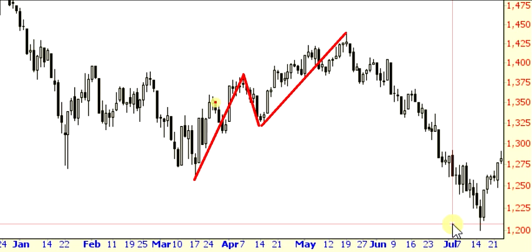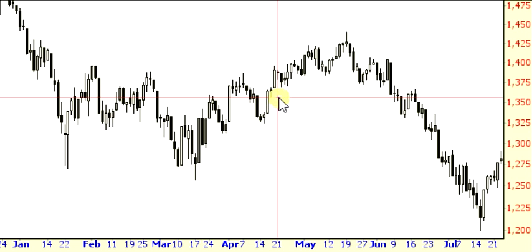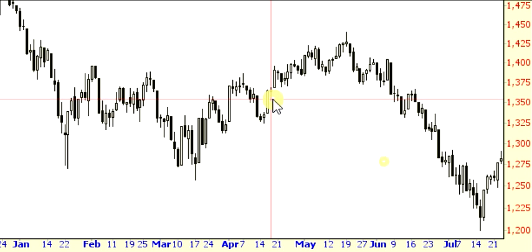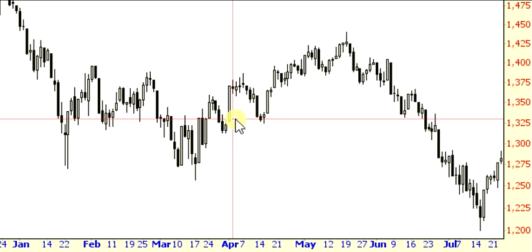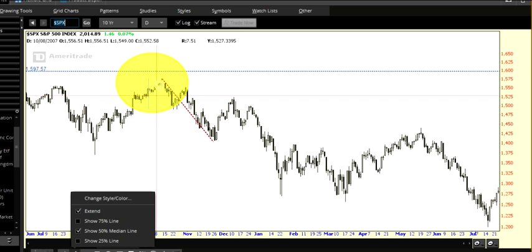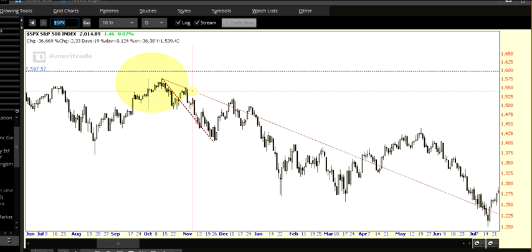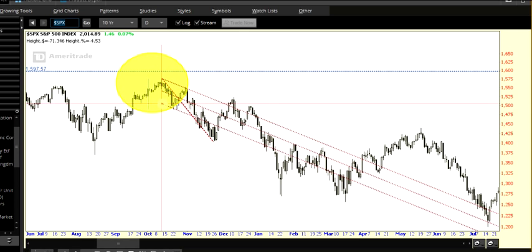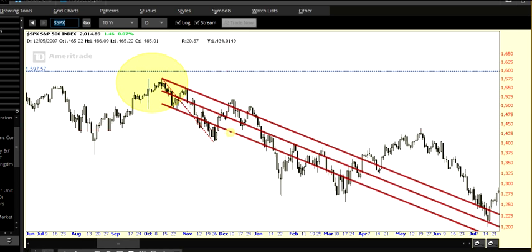But in general, you can see another clue to telling whether or not it's a, whoops, sorry about that. I'm not getting control of my cursor. If I take this first move here and I put a channel around it, right here down to here, see how it accelerated out of the channel?